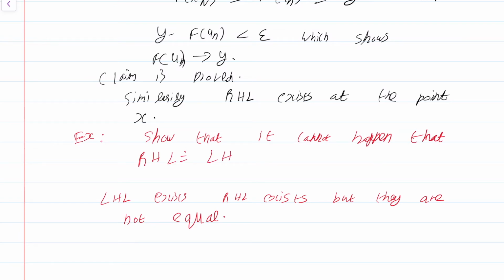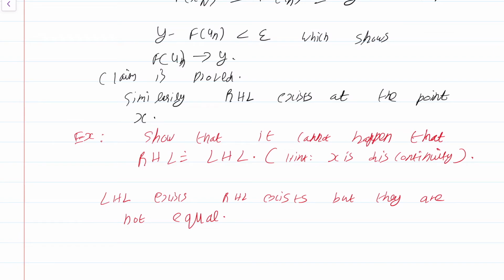Okay, this is a better way of phrasing this exercise. Hint: x is a discontinuity. Remember that x is a discontinuity. So I'm just phrasing the exercise in a slightly different form, which is, I think, more clear. So left-hand limit exists, right-hand limit exists, and I'm leaving you to show that left-hand limit cannot be equal to the right-hand limit.